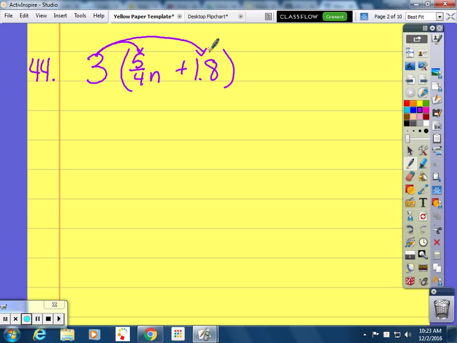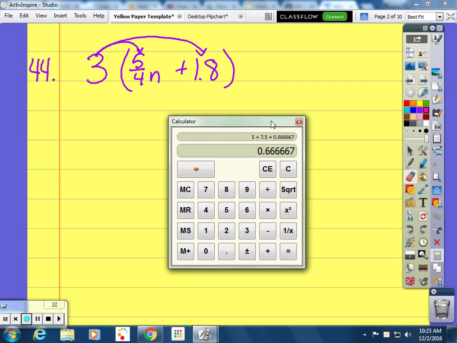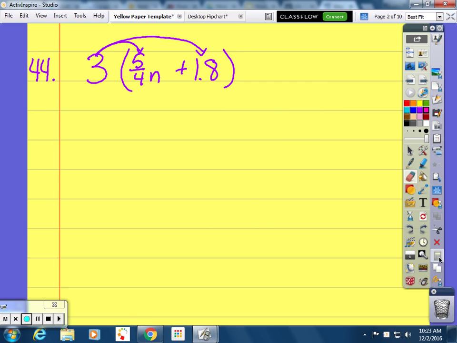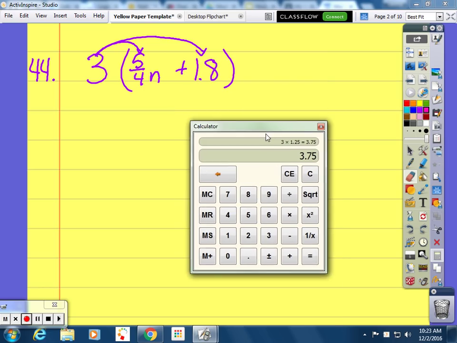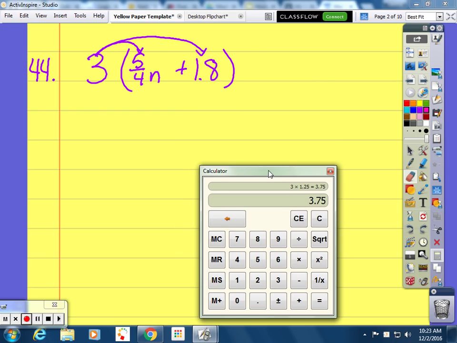3 over 1 times 5 over 4. This is going to be 1.25. Let me pull up my calculator. You would have a calculator. Dang it. Sorry. 3 times 5 over 4. You could type into your calculator 3 times, and you could put 5 over 4, and it would work. I've got to do 3 times 1.25. That's going to give me 3.75 or 3 3/4. They use 3.75.